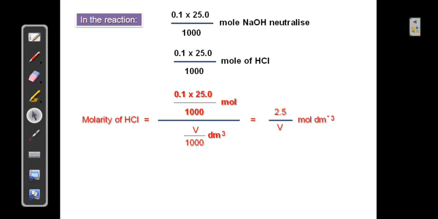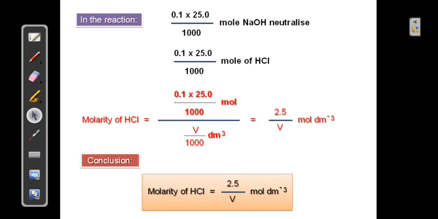That is the formula. So the conclusion is molarity of HCl is equal to 2.5 over volume mole per cubic decimeter.